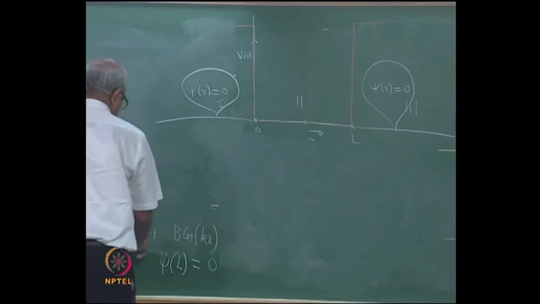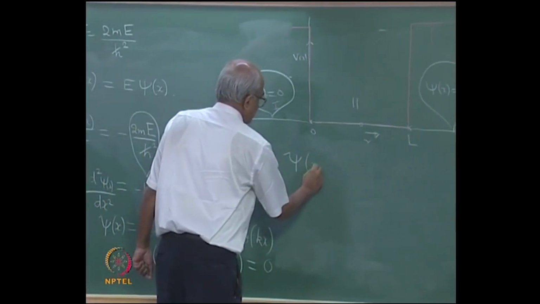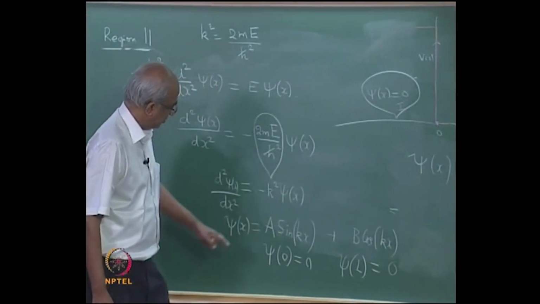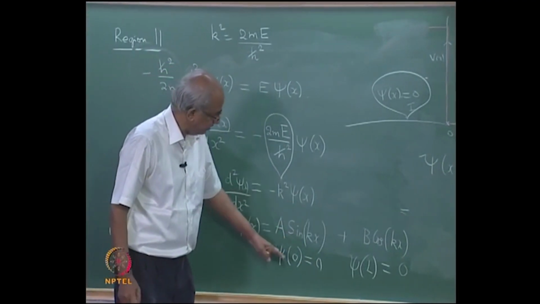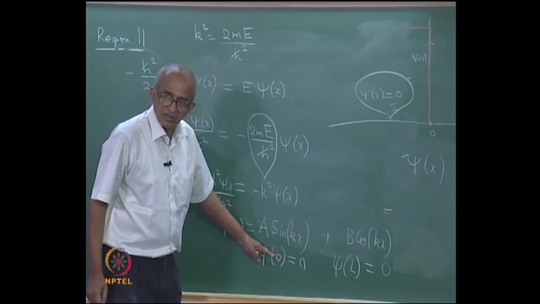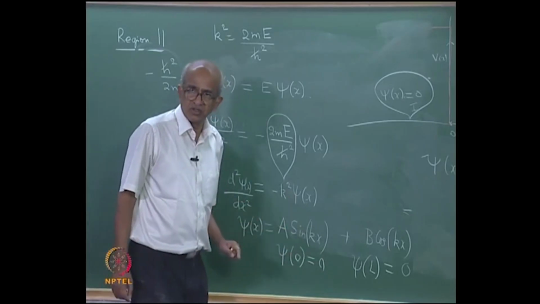So, your general function is this one, psi of x equal to a sin kx plus b cos kx. What I am going to do is take that general form and put x equal to 0, and satisfy this condition, psi at x equal to 0 is equal to 0.